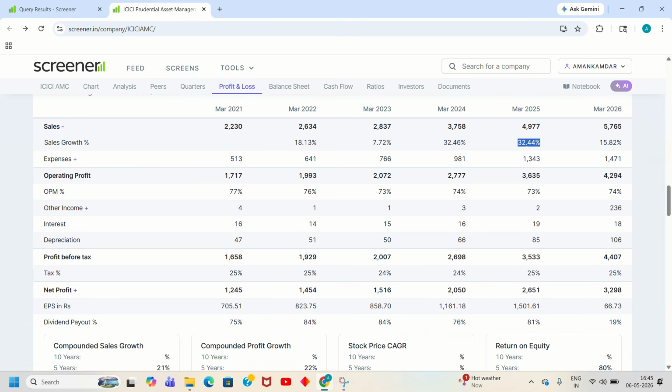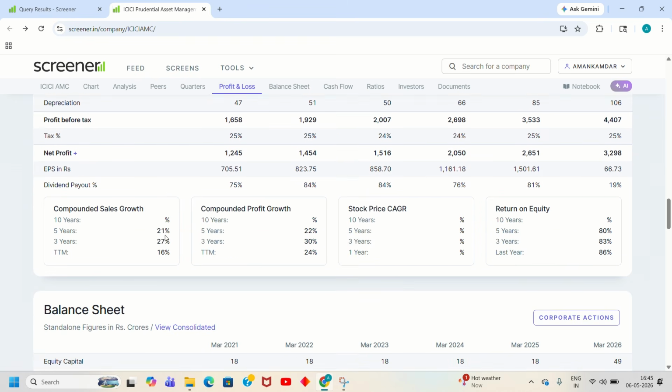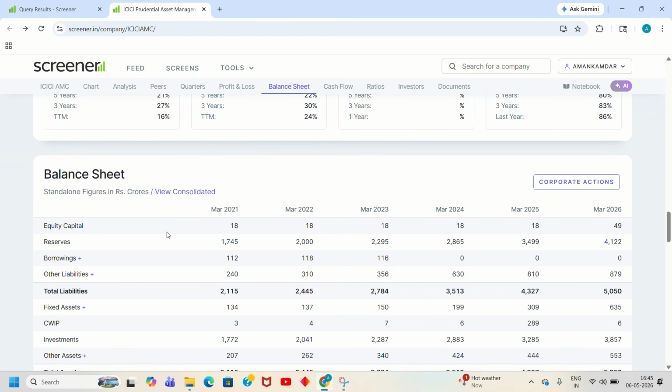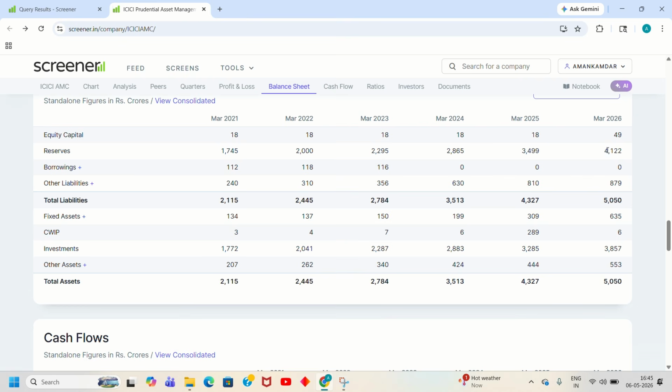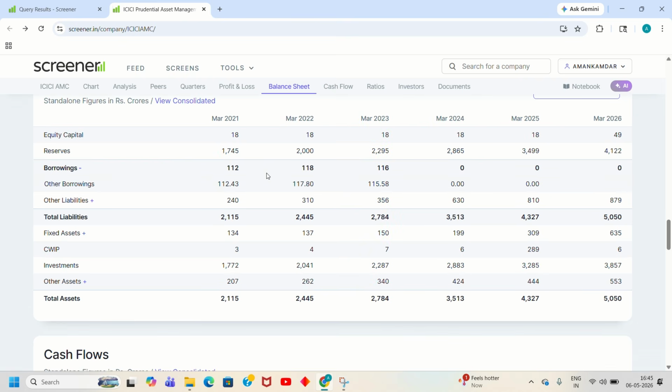So remarkable. It has also completed our criteria. It has met the criteria that we had entered. Now this is the balance sheet of the company. The equity capital has increased from 18 to 49 crores in 2026. And the reserves have also increased, and borrowings, yeah, here what we can see is a completely debt-free company from March 2024, 25, 26: zero.